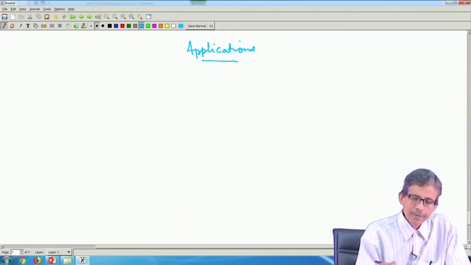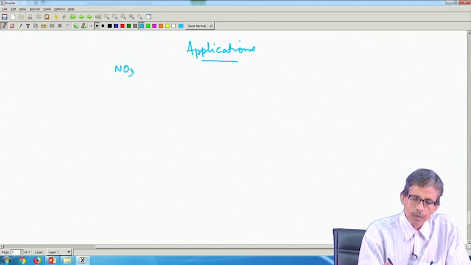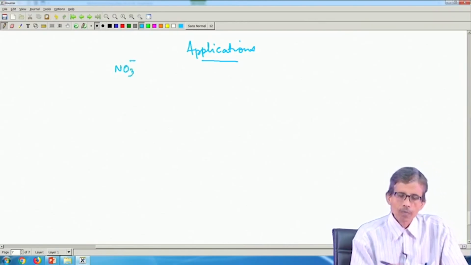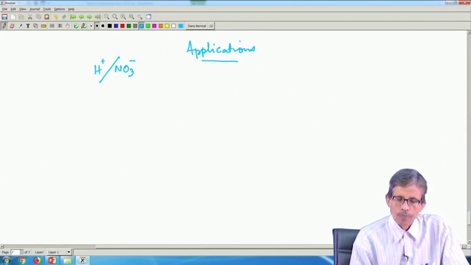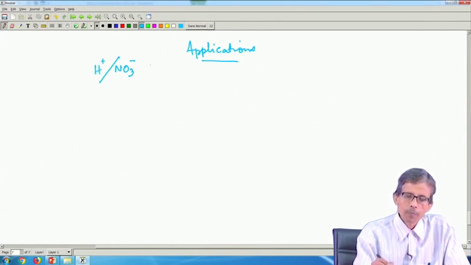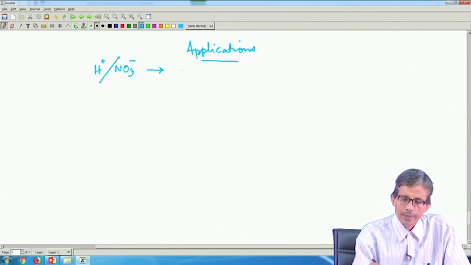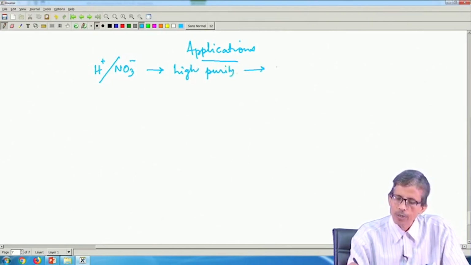One such is that we can have NO3 minus. So, supply of this NO3 minus and supply of this H plus also, because high purity nitric acid can be useful as a very good laboratory reagent.